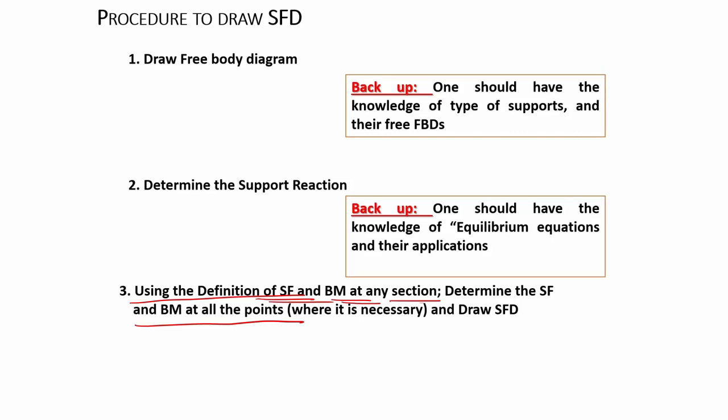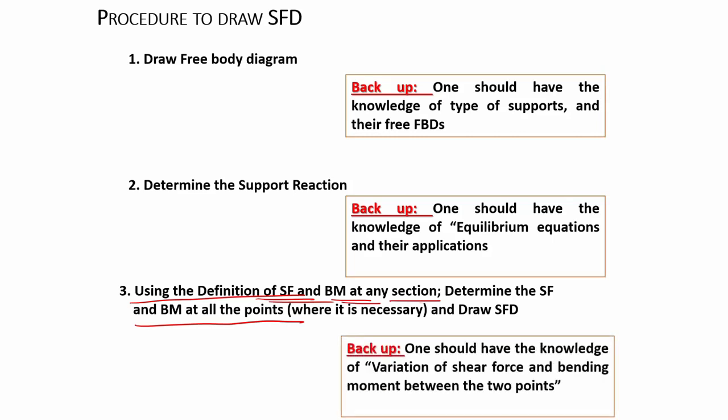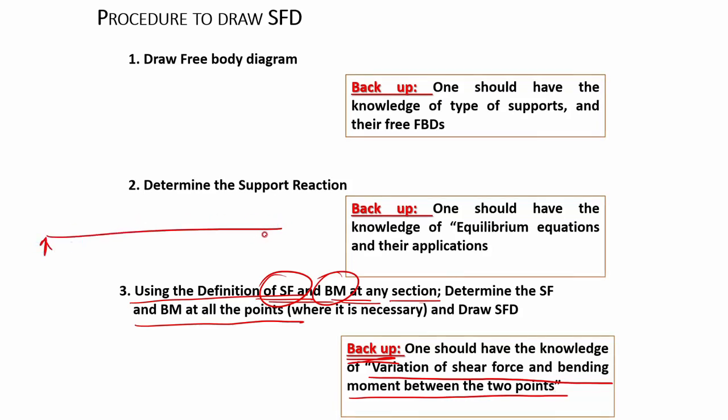Okay. Then, to draw the shear force diagram and bending moment diagram, the background required is the variation of shear force and bending moment between 2 points. Let us consider this is a beam with various forces: one UDL, one point load, a moment, and a UVL. This beam has many types of forces.